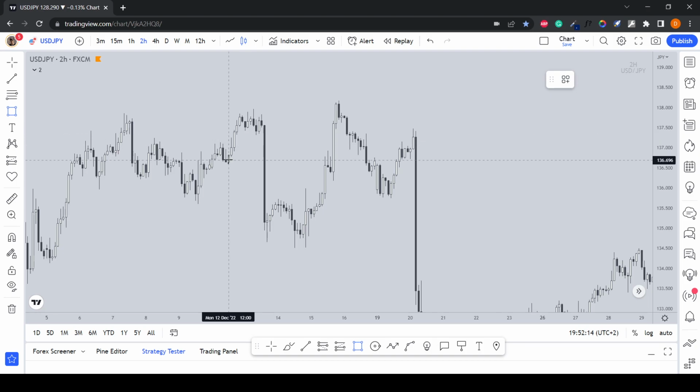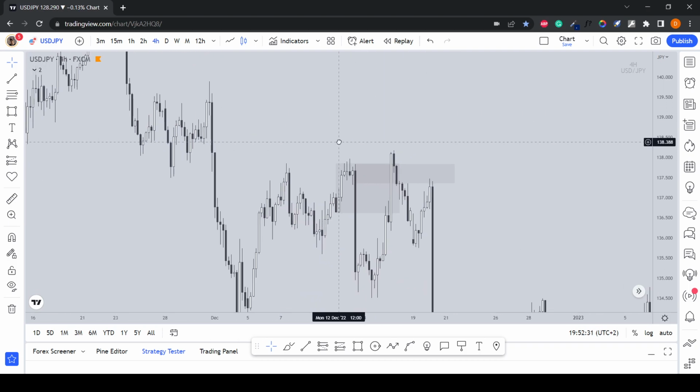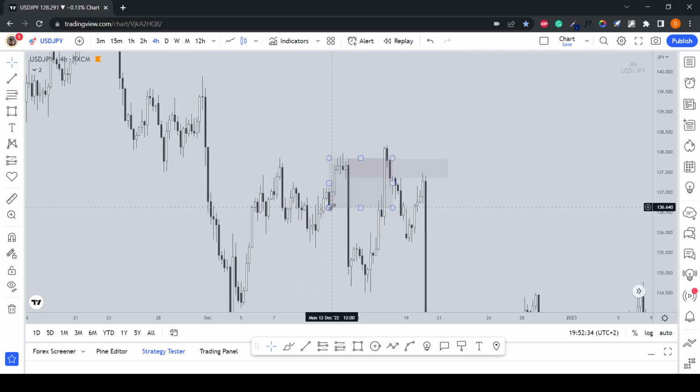As you can see, this is some kind of a higher time frame zone, and then inside you can have this one. So let me switch to maybe 4 hours. So let's take a look. Yeah, so you see you have a bigger zone.